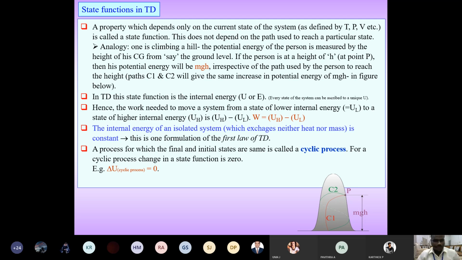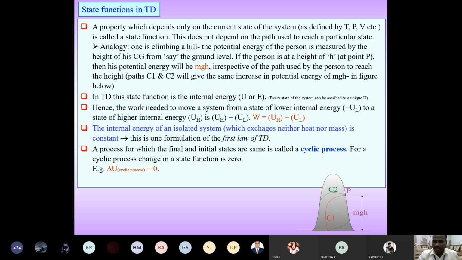Right. So we can continue. What is a cyclic process? In a cyclic process, the initial state and final state will be the same. Assume this one, this point P, or this point C. From this point, we are following this path to achieve this point.